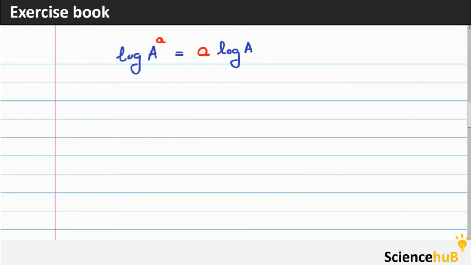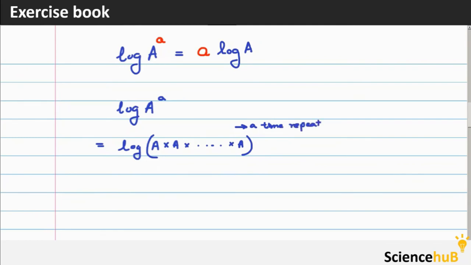So I will take the left side for the proof. This means A multiplied continuously, small a times. Small a times repeats.